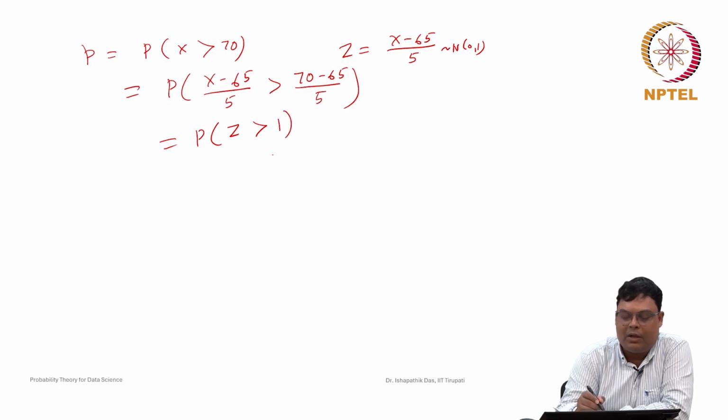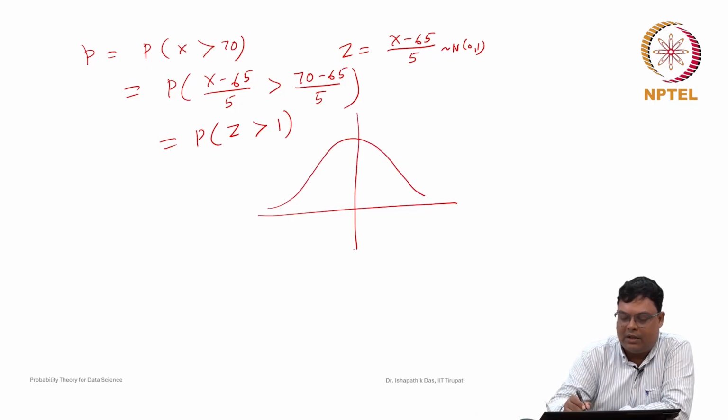This is equal to the probability that z is greater than 1, since (70 minus 65) by 5 is 1. We did this several times. On the number line we have 1, 2, 3, and similarly minus 1, minus 2, minus 3. Now, z greater than 1 is, by symmetry, the same as the probability that z is less than minus 1.